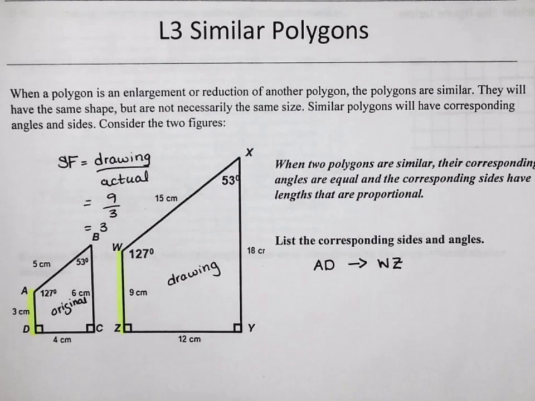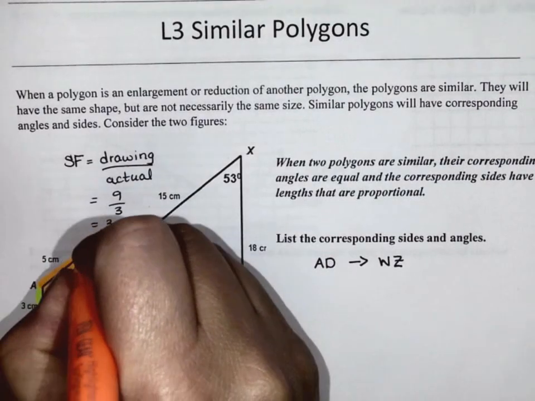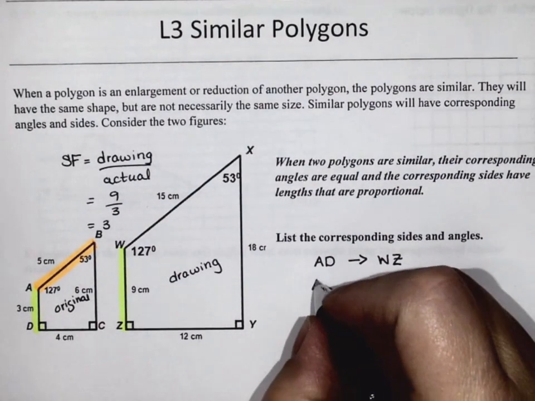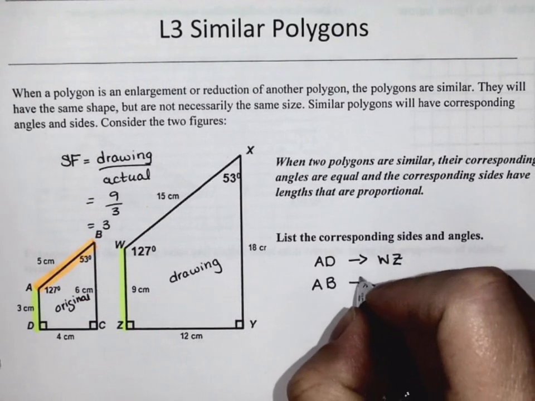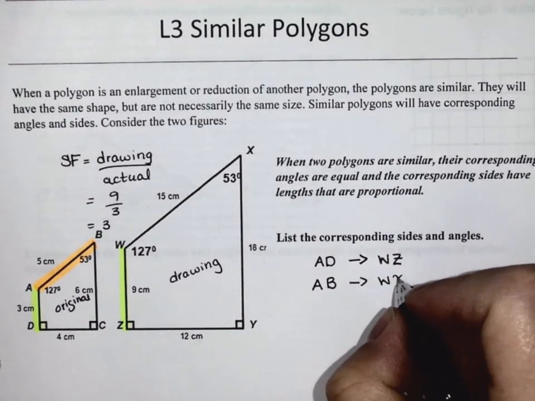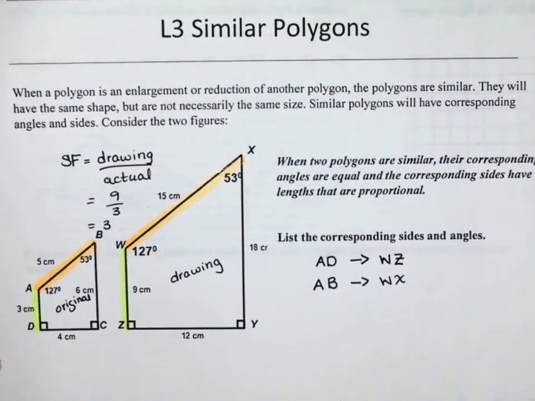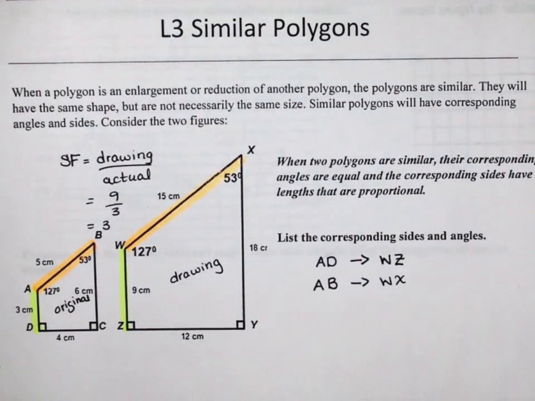Okay, next one, A to B. Where does A to B match? W to X. So that's that side right there. I'm trying to get some more colors happening here.